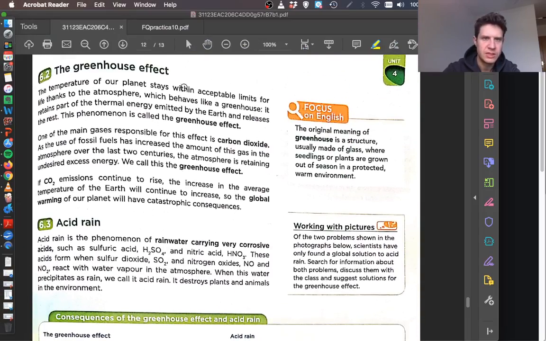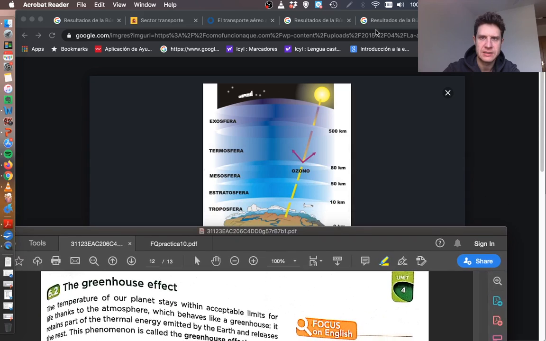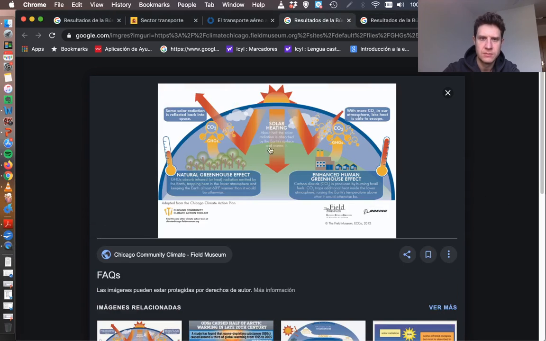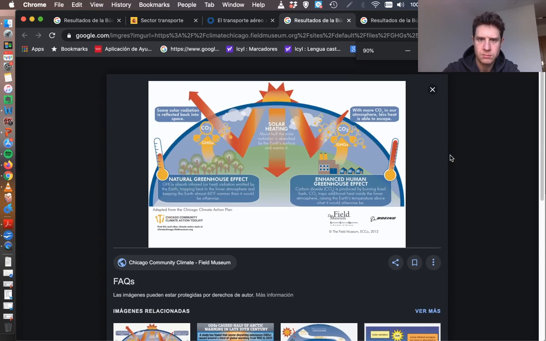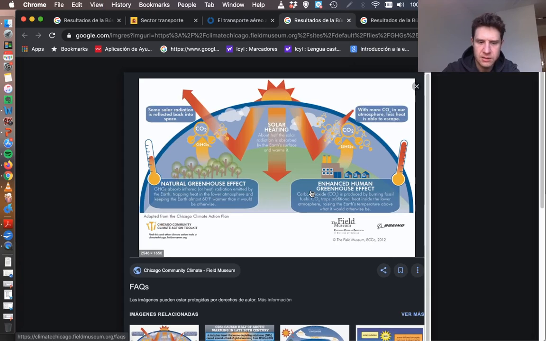So the greenhouse effect is this one. This is a natural one. So we have greenhouse gases, GHGs, absorben la radiación infrarroja, nada que ver con la ultravioleta, ¿vale?